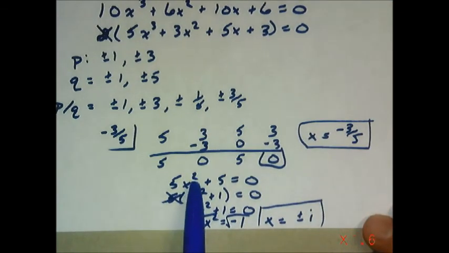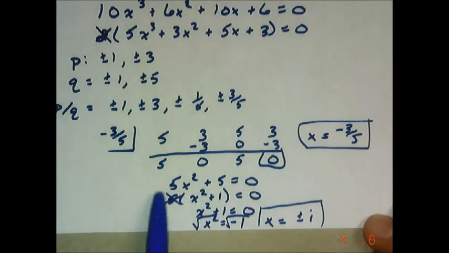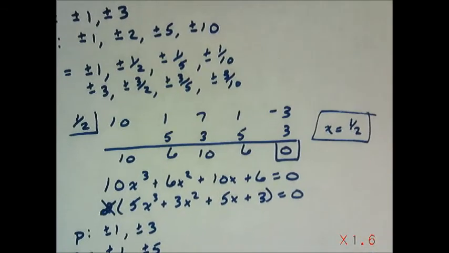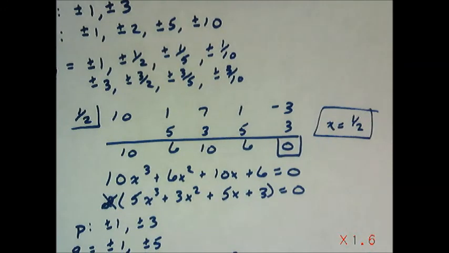Once we get down to a quadratic, then we can use our quadratic formula. We can factor, or our square root method, however you wish to solve it. And that's basically our quartic equations using the fundamental theorem of algebra.